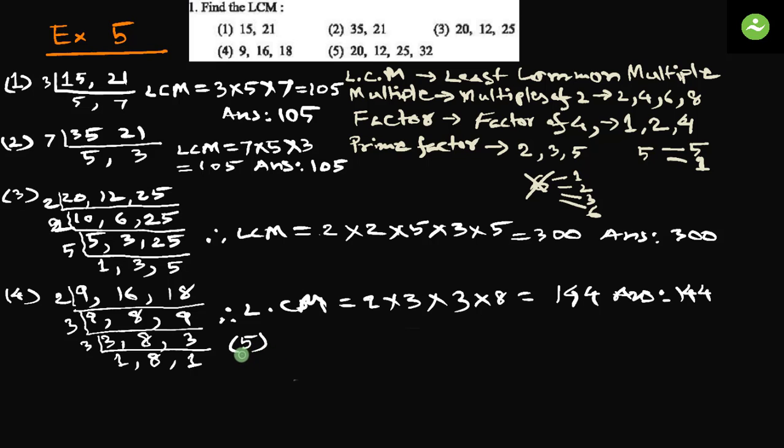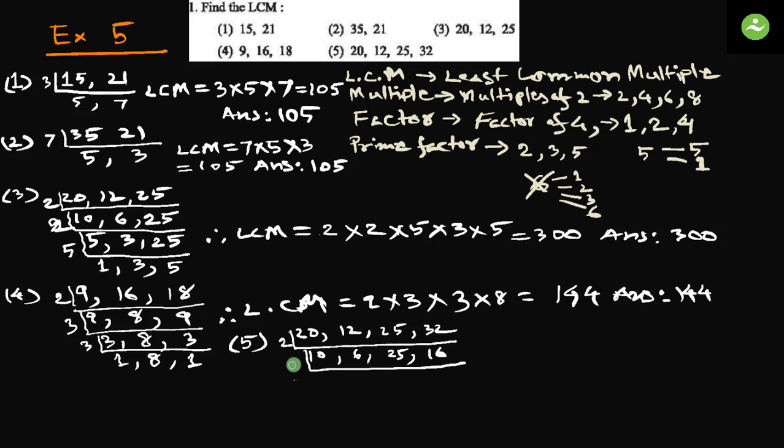Bracket 5 is 20, 12, 25, 32. Divide this by 2. 10 into 2, 6 into 2, bring down 25, 16 into 2.